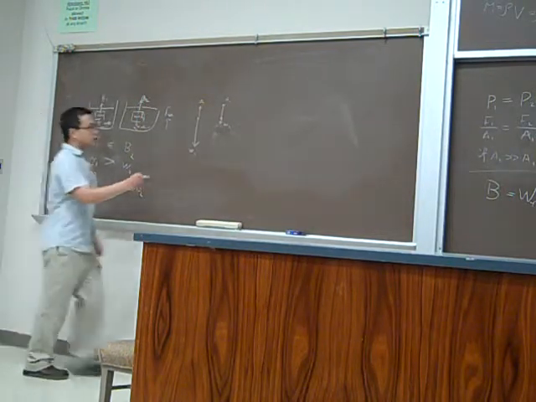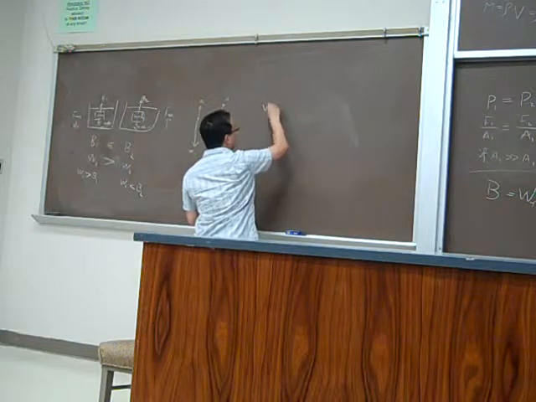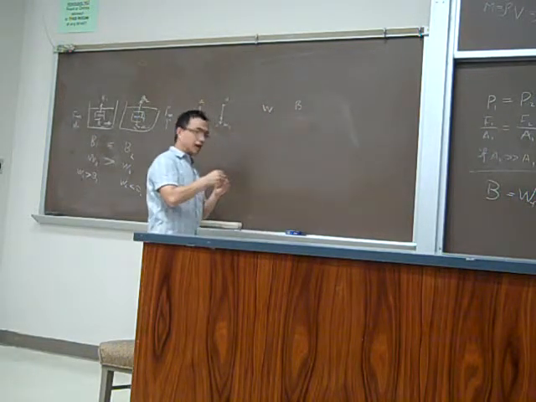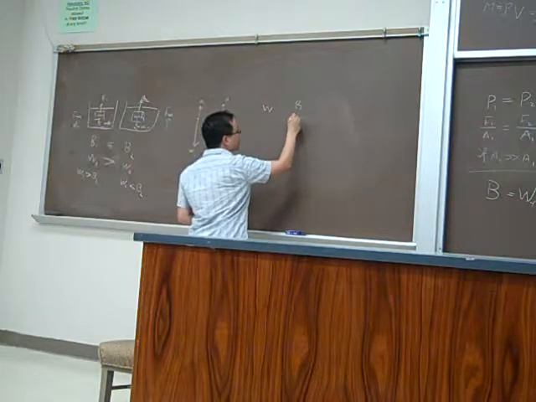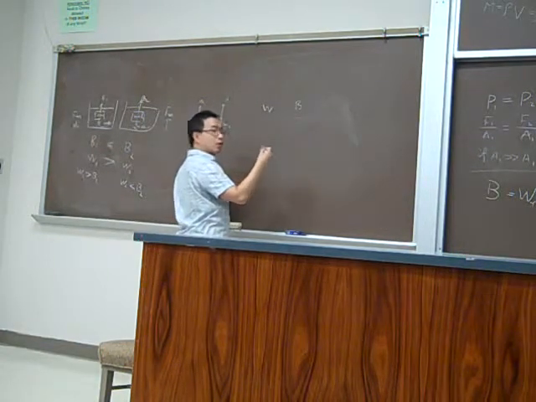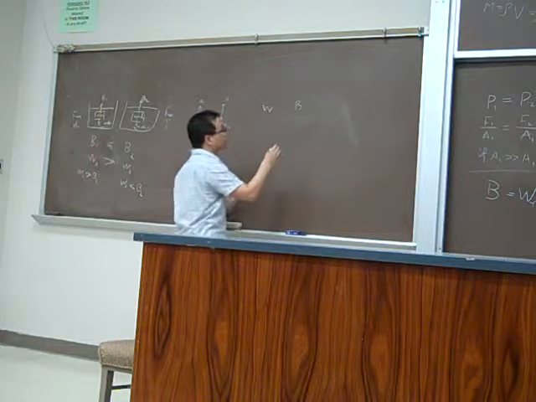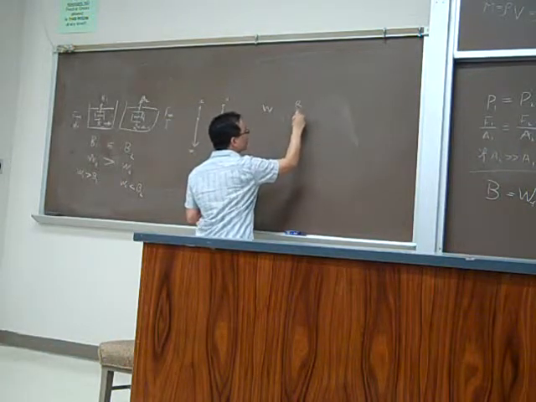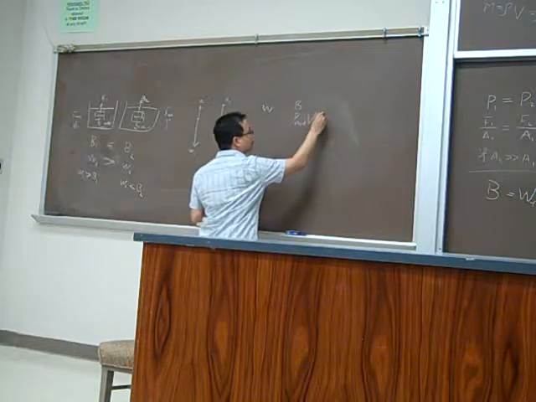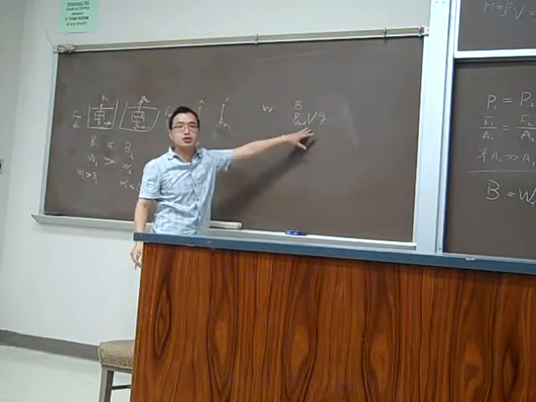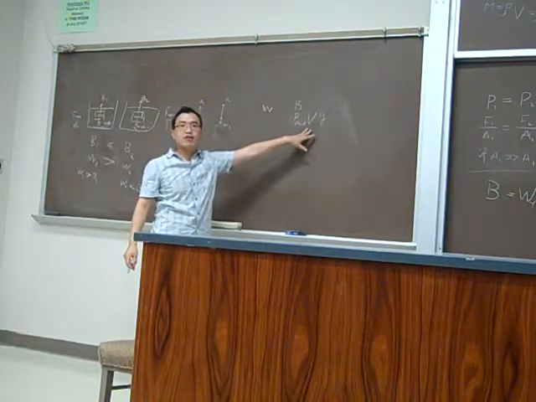Because finally, it will end up comparing density only. If you compare the weight and the buoyant force for a completely submerged object in the water or fluid, the buoyant force will be the density of the fluid multiplied by the volume multiplied by g. If it's completely submerged, that's the object volume.